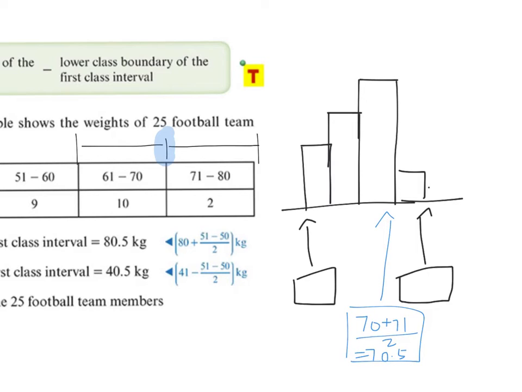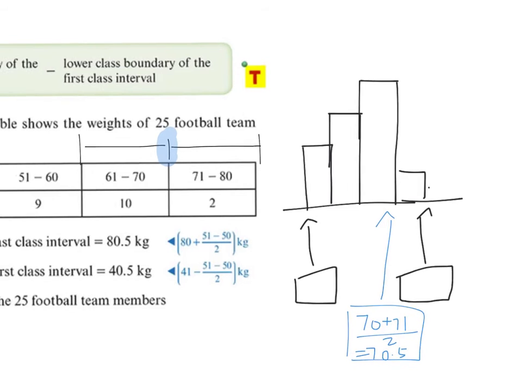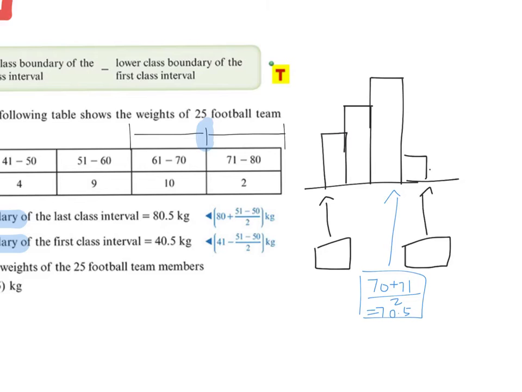And then for each bar, the length will be the same. It's not difficult to check because you can see 61 becomes 71, 51 becomes 61. Then for the class boundary, it also has the same length. So the length for this one, we add 10 every time.